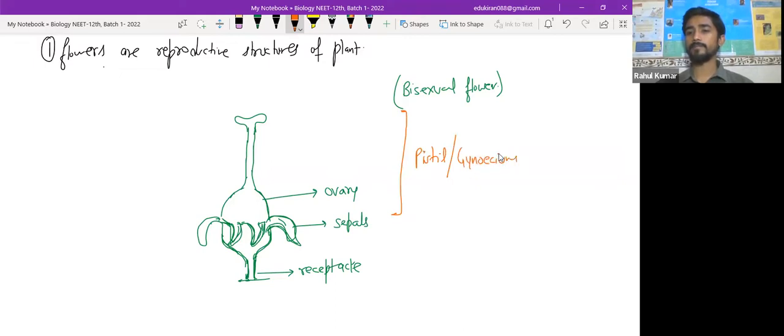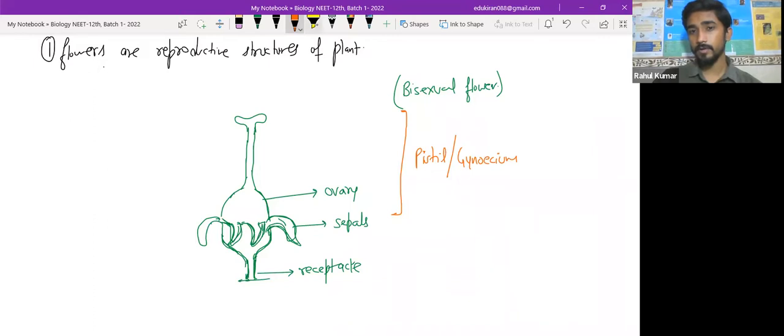gynoecium. The word gyne, go back to the terminology section and write it down. Who is a gynecologist? A doctor. Who do we call a gynecologist? What is gynecology? The word gyne is always associated with the female reproductive organ.